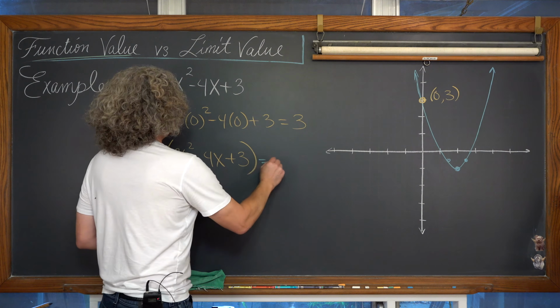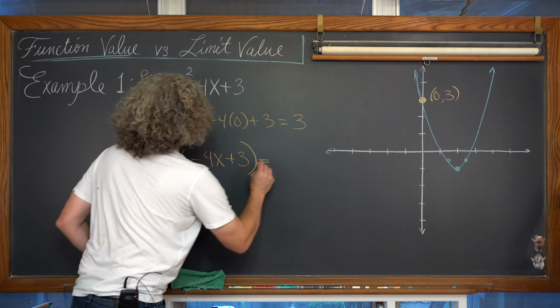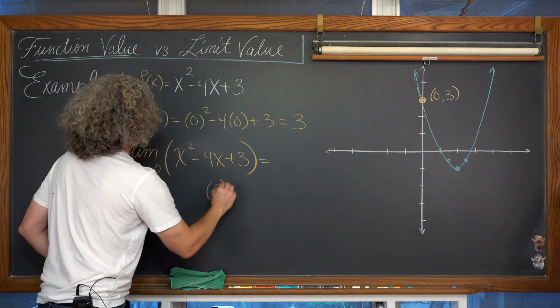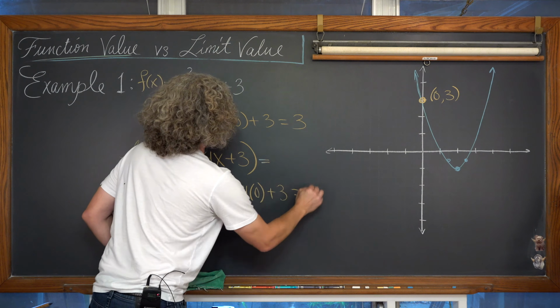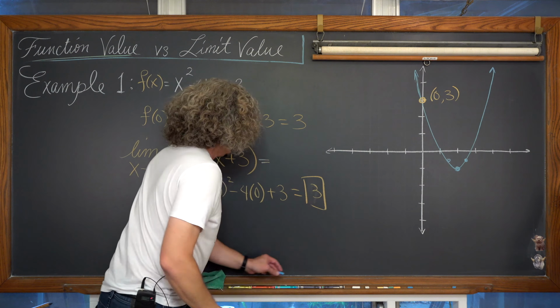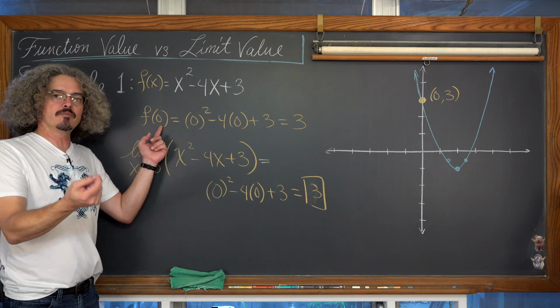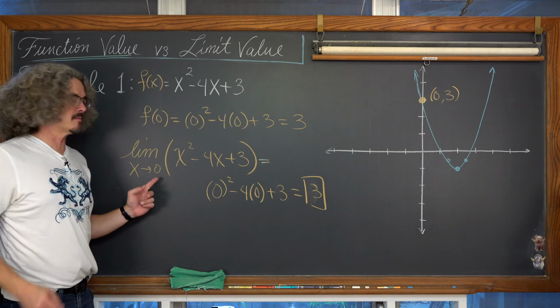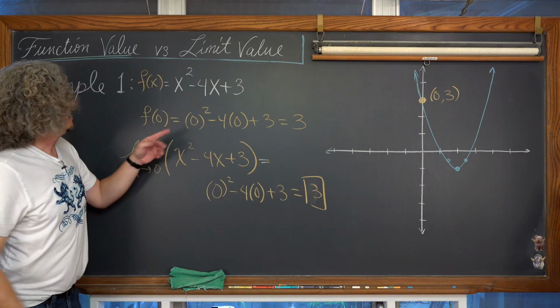We have what's going to appear to be the same thing, 0 squared minus 4 times 0 plus 3, which is once again equal to 3. So for our first example, evaluating a function at some value of x and evaluating a limit at some value of x appears to be exactly the same, but it's not.